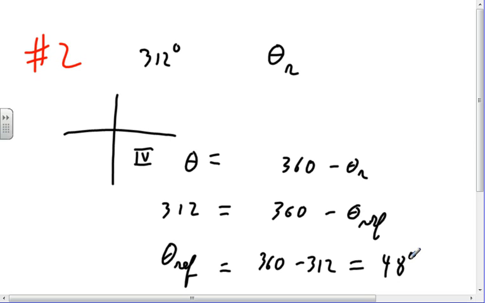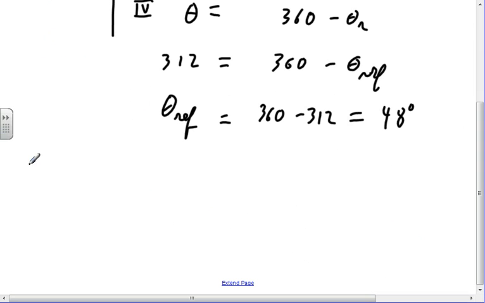It's not 0. Why is it not 0? I fat fingered a key. Cosine 48 minus cosine 312. Well, 0. Okay, because cosine is positive in the first and the fourth quadrant. So the reference angle and the angle itself, when I take the cosine of them, will both be the same. They are.